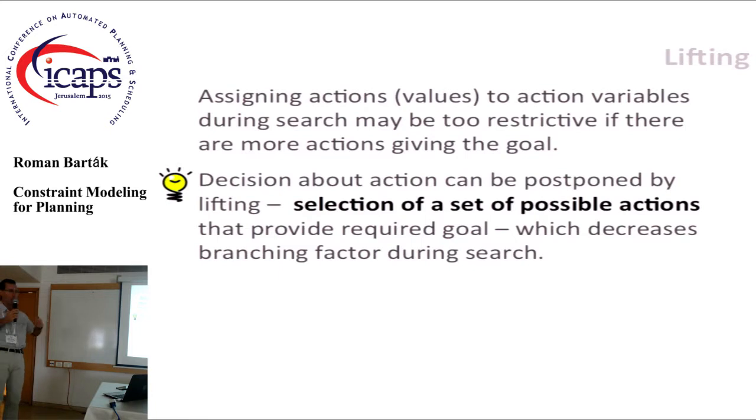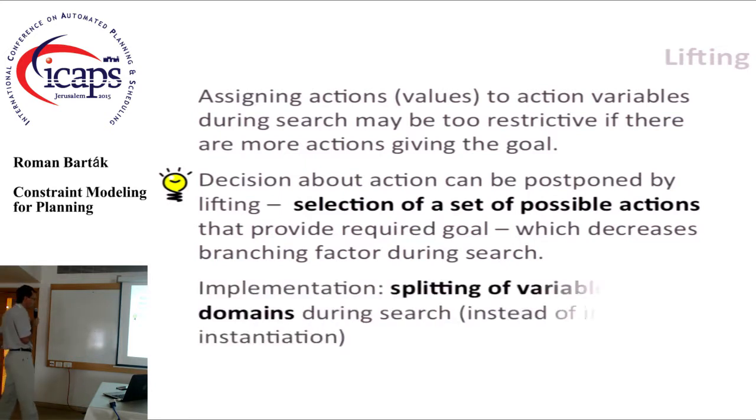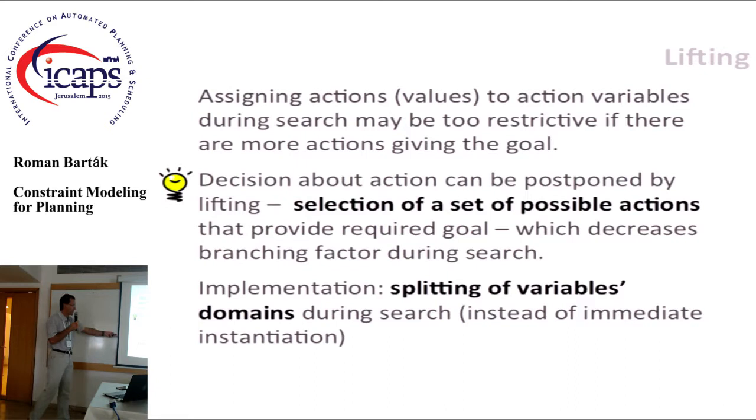So we keep all the actions there rather than selecting just one of them. Instead of labeling the variables, we are using a search procedure called domain splitting. We take a variable and split the domain into two disjoint parts, and we explore them separately. It was implemented using splitting of variable domains during search.